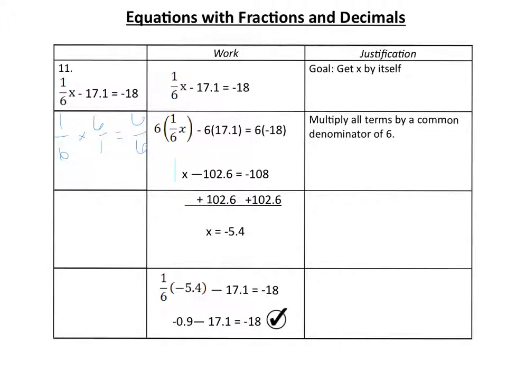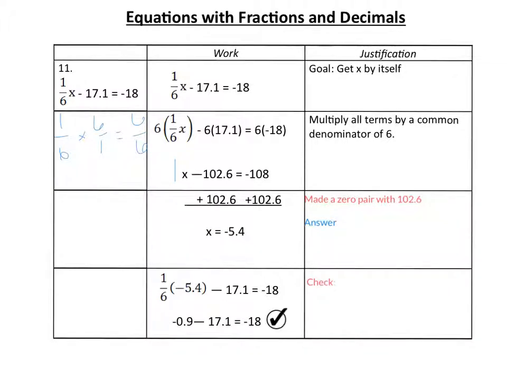So what did we do next? After we multiplied all terms by a common denominator of 6, we made a 0 pair with 102.6. And that is how we got our answer. Now, since we were saying minus 102.6, to make a 0 pair we would add 102.6.